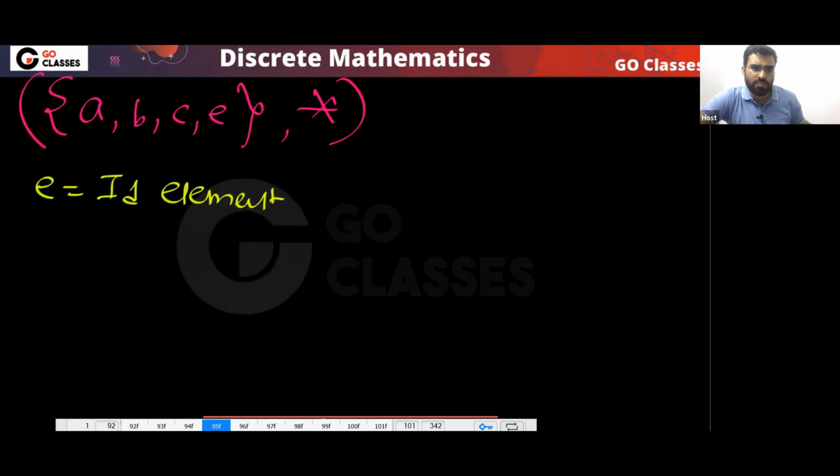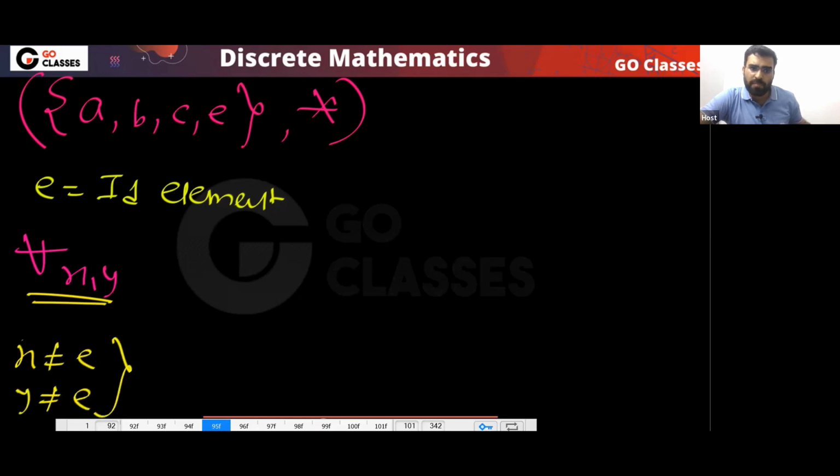And what else will I do? For all x, y other than E, where x is not equal to E and y is not equal to E, basically all the elements other than E, I will define x star y equal to E.